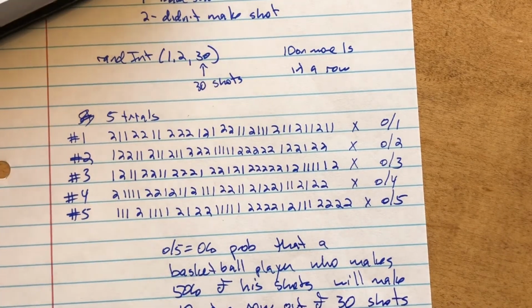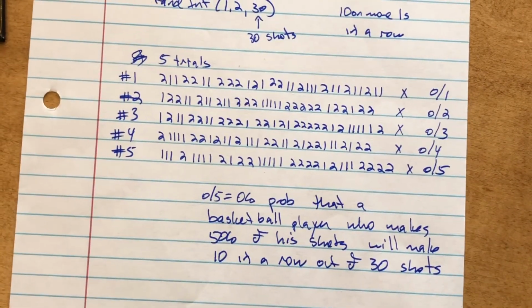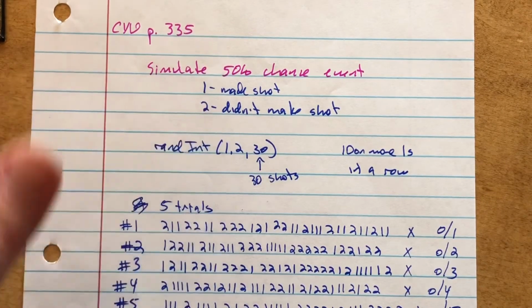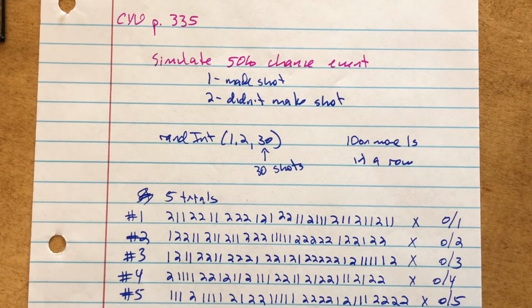Okay, so that's how we carry out a simulation. We have to assign our probability. 50-50 is easy, 1 out of 2. Suppose it was 70%. I might choose numbers 1, 2, 3, 4, 5, 6, 7 to say made a shot, and 8, 9, and 0 not making a shot.